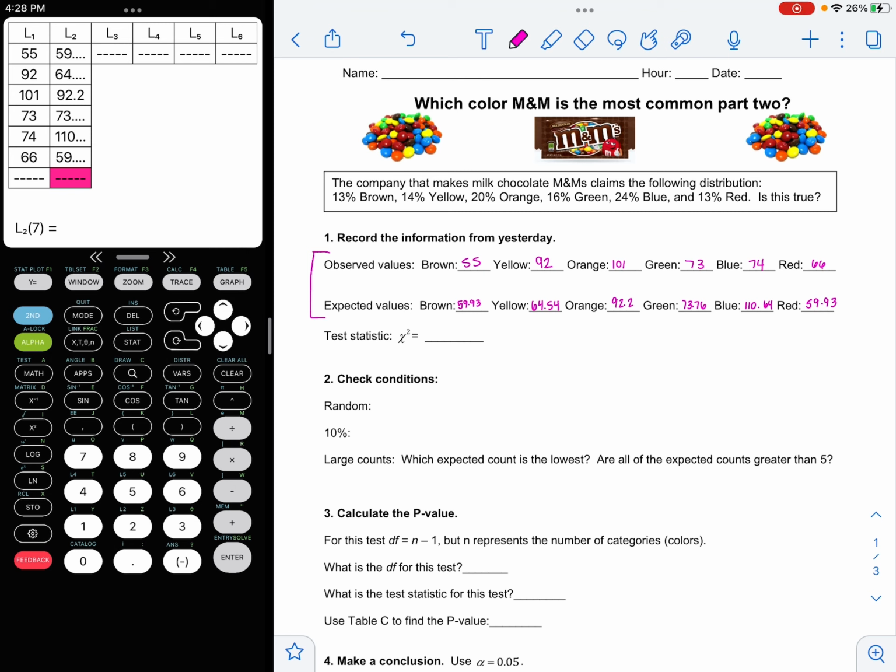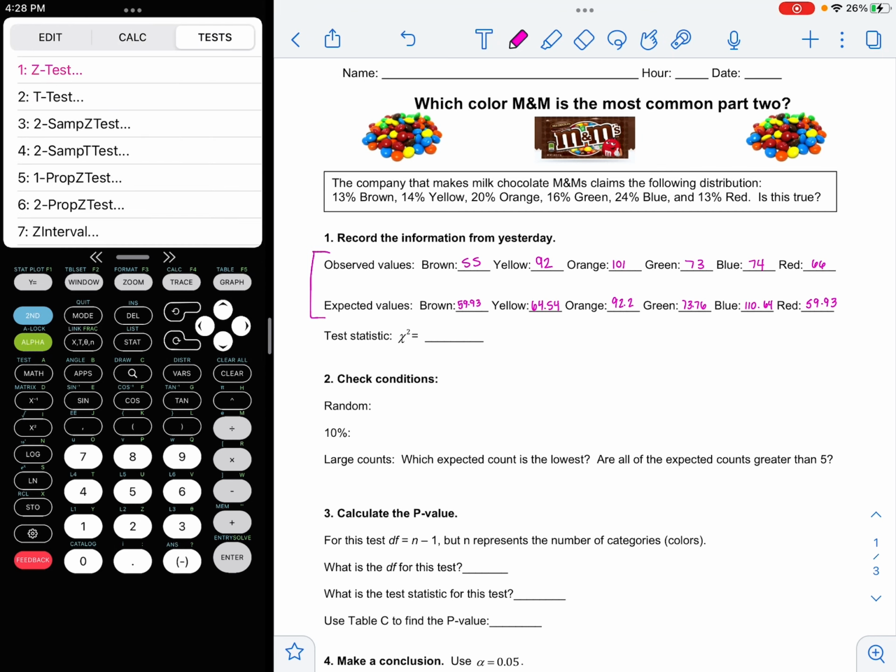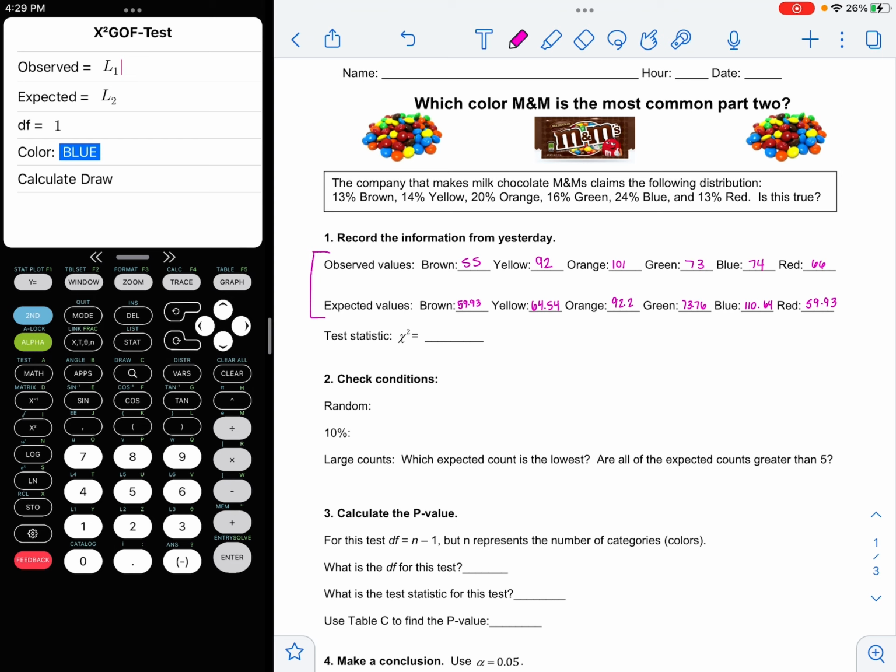All right, so now I'm ready to do the test. I'm going to get out of here, and I'm going to hit the Stat button and go over to Tests. And then you could go down, or really it's easier to go up to letter D, chi-squared goodness of fit test. Hit enter. I have my observed values in L1, expected in L2, and I need to fill in degrees of freedom.